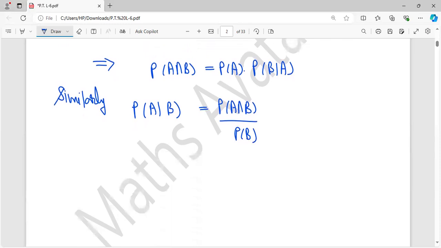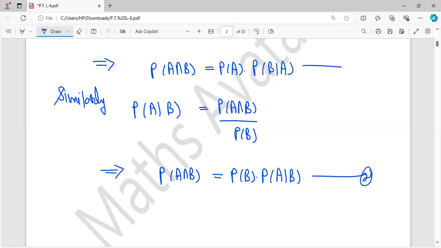So solving it, what will we get? This implies P of A intersection B is equal to P of B into P of A relative to B. Let's call it equation number 2 and the first one equation 1.